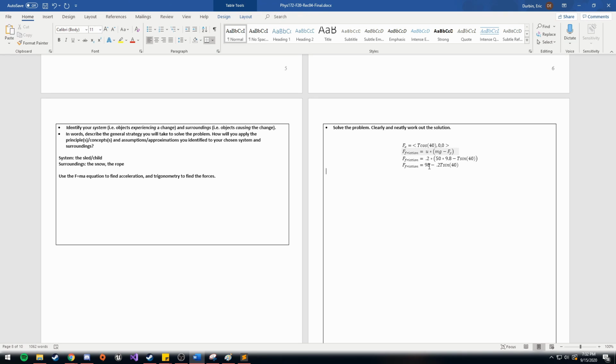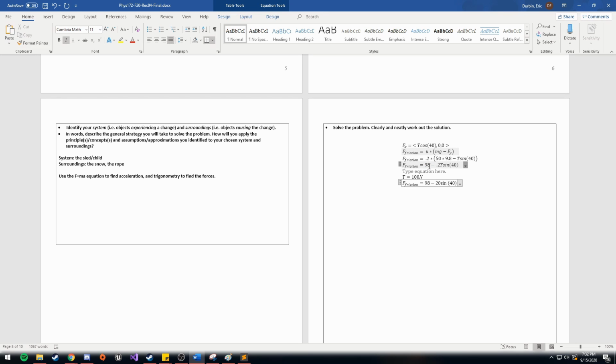So with T being 100 newtons, then it would be 98 minus 20 times the sine of 40.